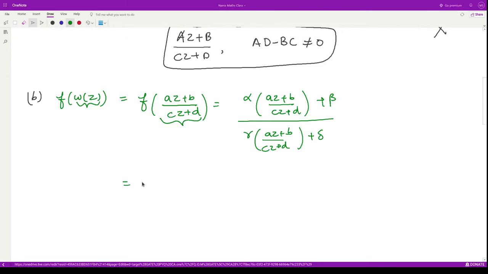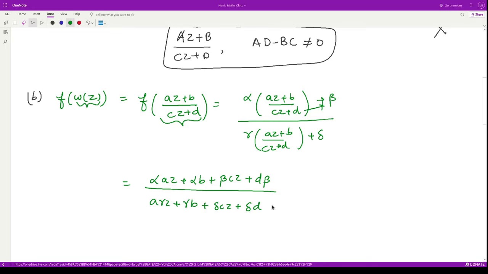Now we can simplify this term. It would be alpha a z plus alpha b plus beta c z plus d beta, and then divided by a gamma z plus gamma b plus delta c z plus delta d. Now you can factor these out and take the terms common.